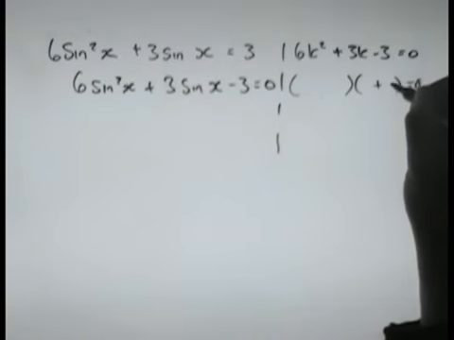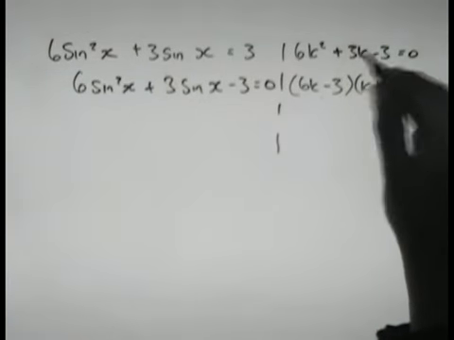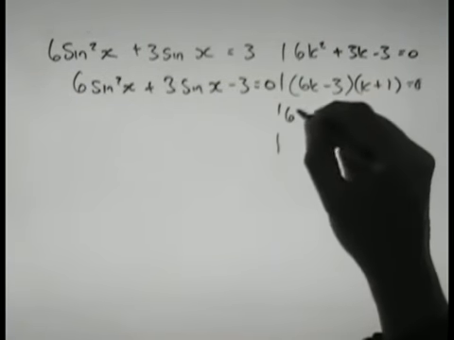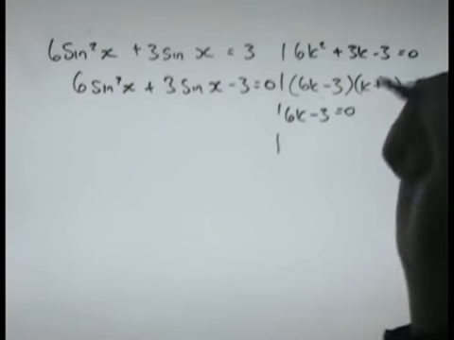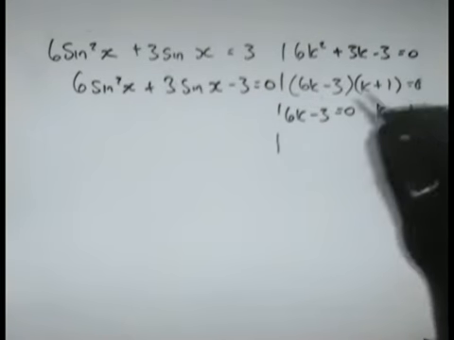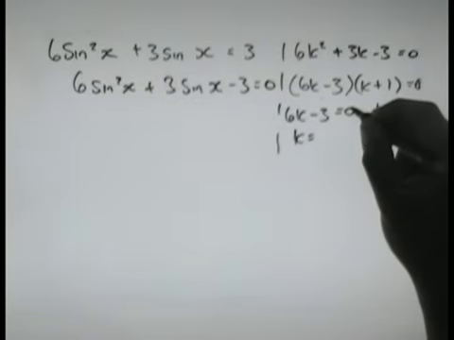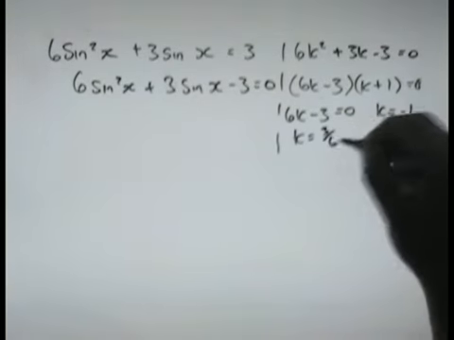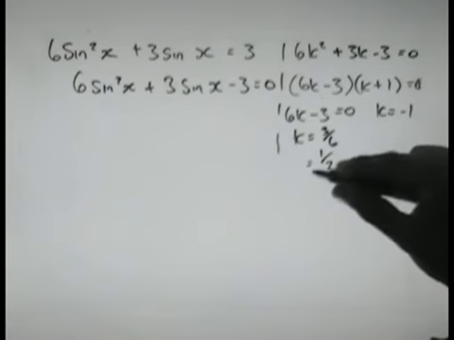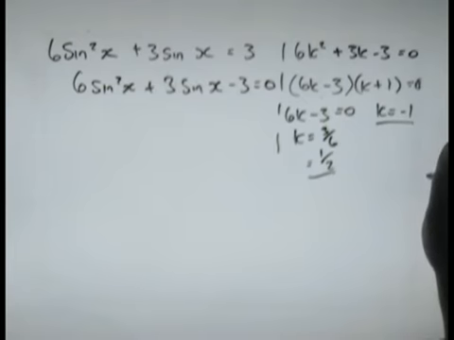Yes, there are. We need positive 6k minus 3k to give us plus 3k, minus 3, and 6k times k is 6k squared. That means that 6k minus 3 is equal to 0, or k is equal to negative 1. This one here means that k is equal to negative 3 across becomes positive 3 over 6, which is the same as 1 over 2. So k is either equal to 1 over 2 or k is equal to negative 1.